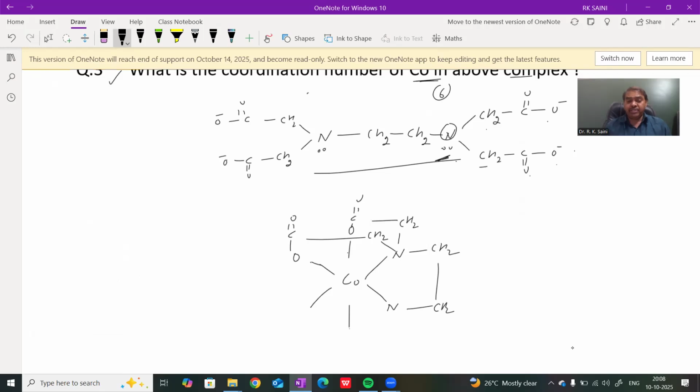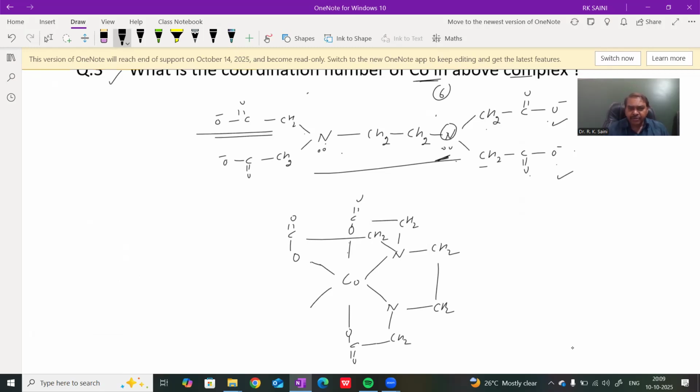First of all, we make the 6 valencies of the central atom octahedral, in which 4 valencies are in the plane and 1 above and another below, and then we add the nitrogen atoms and ligands. This part of the ligand is attached to the central atom: this oxygen donor atom, this oxygen, this nitrogen. Now this nitrogen is also attached with CH2 attached with C double bond O, and its oxygen is also a donor.